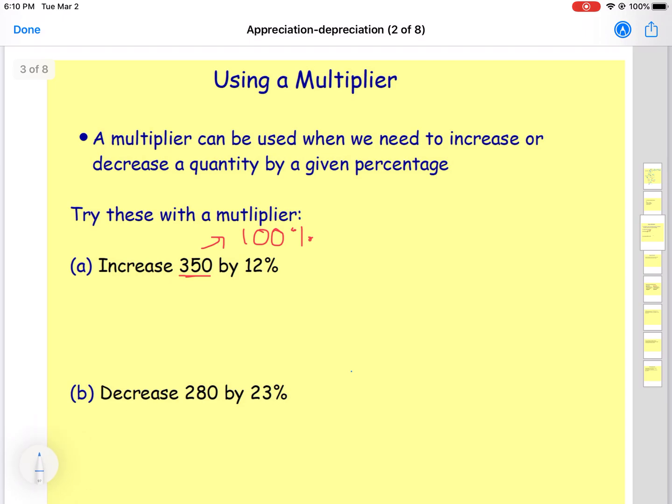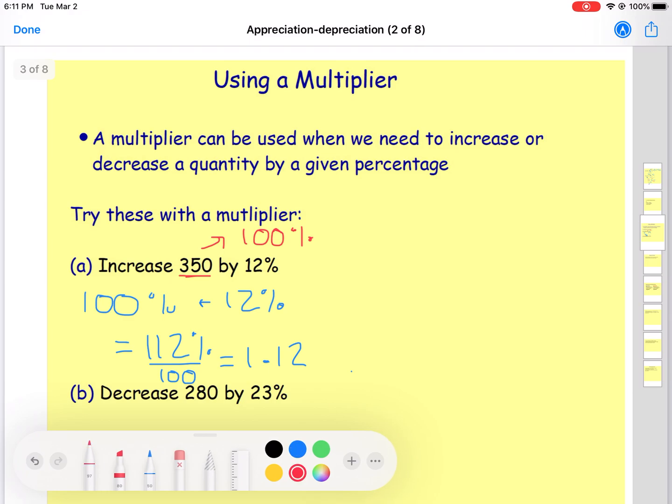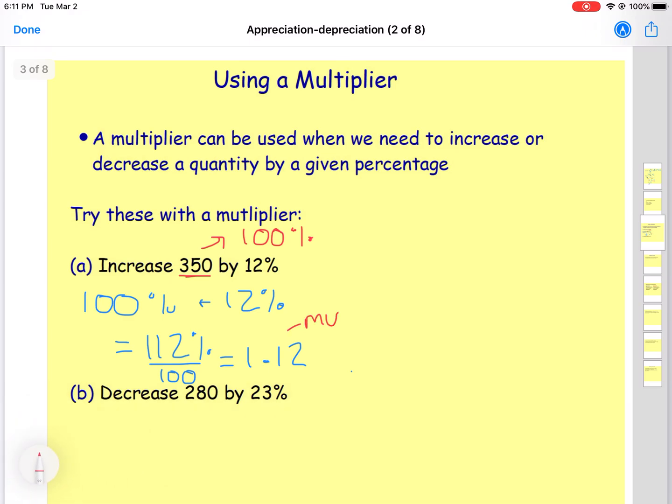So if I want to increase 350 by 12%, to use a multiplier, instead of finding 12% and adding it on, I am going to say, well, since 350 is 100%, I'm going to add the 12% on to that 100. That gives me 112%. I then divide that by 100 to create a decimal of 1.12, and that decimal is the multiplier.